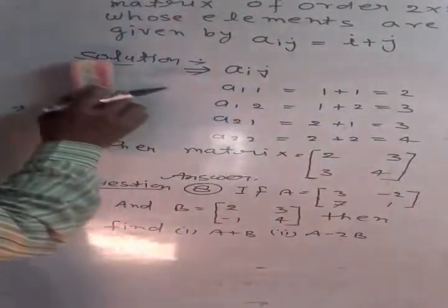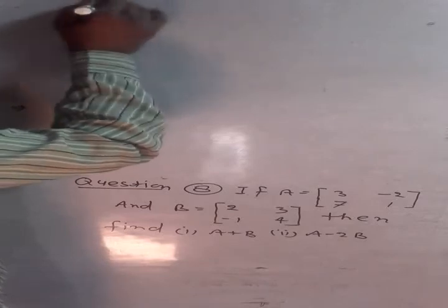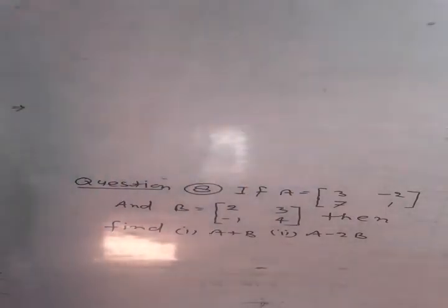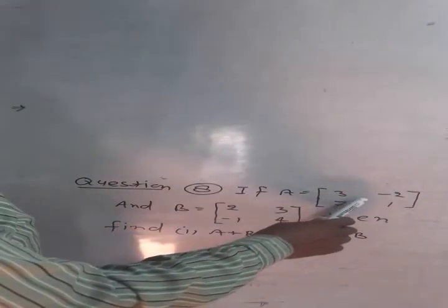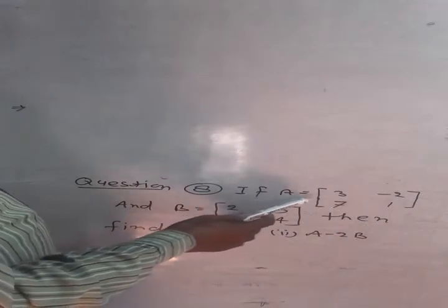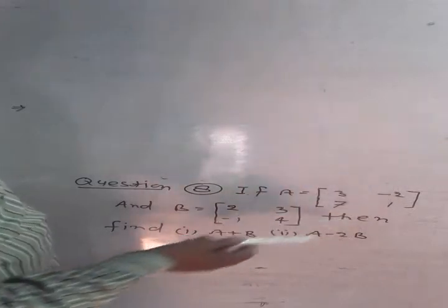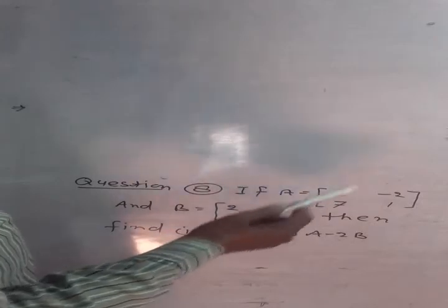Solution. Given matrix A equal to 3 minus 2, 7 1 and B equal to 2 3, minus 1 4.